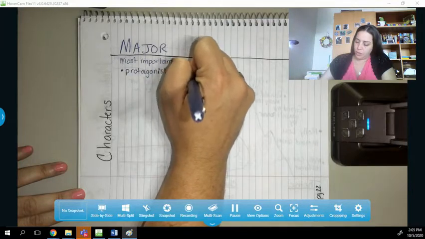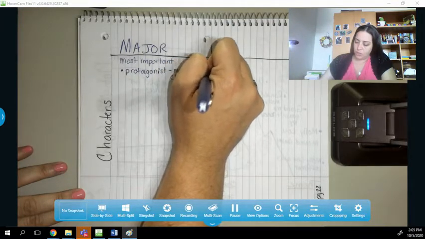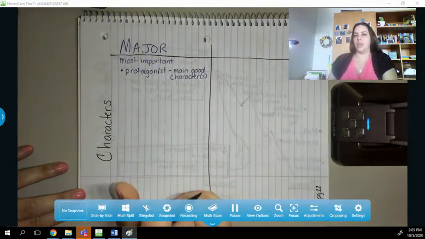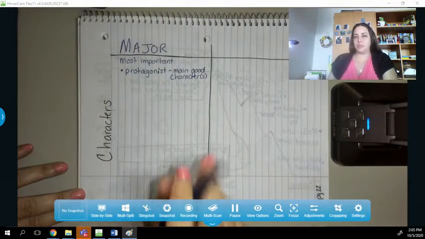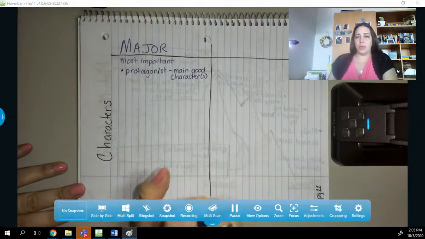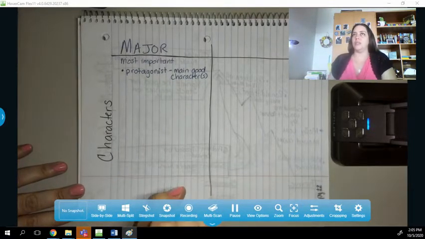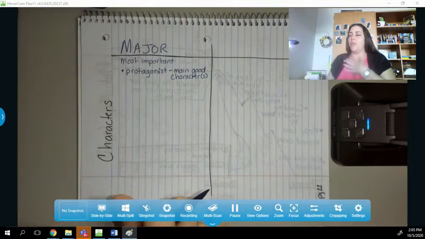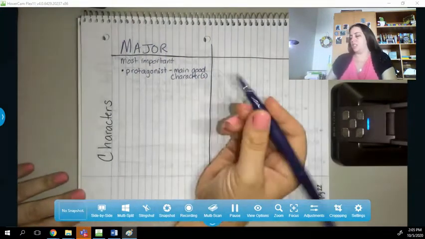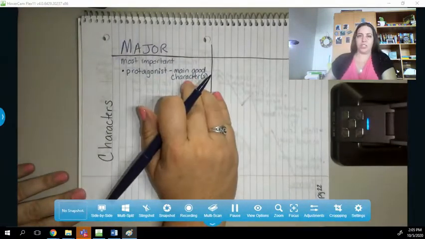There can be more than one protagonist, but it's usually only one or two main characters. So Wonder Woman would be a protagonist. Captain America would be your protagonist. Who else? Batman, my favorite, would be the protagonist. So all of these characters are your main good characters, okay?